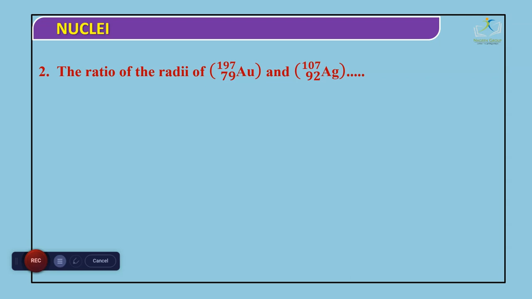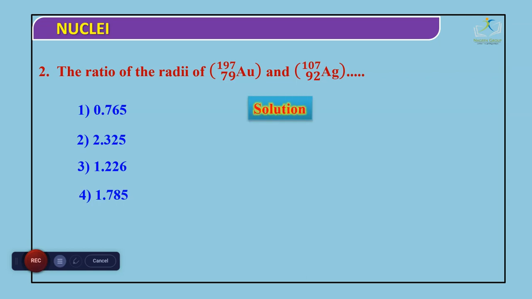The ratio of radii of gold 197 (Au, Z = 79) and silver 107 (Ag, Z = 47). The options given are 0.765, 2.325, 1.226, 1.785. In the solution, A1 is given as 197 and A2 as 107. So R1 by R2 is the question.